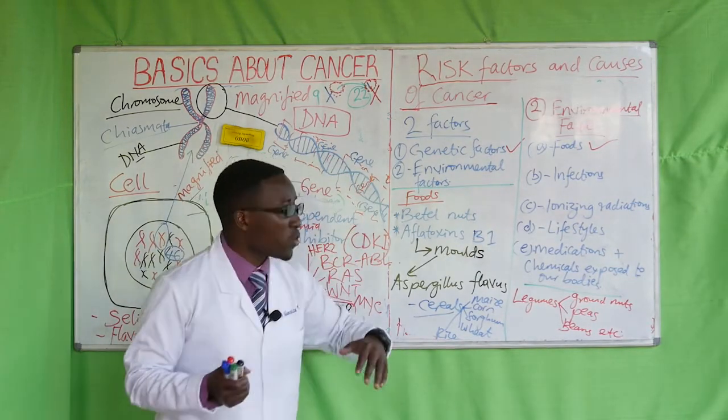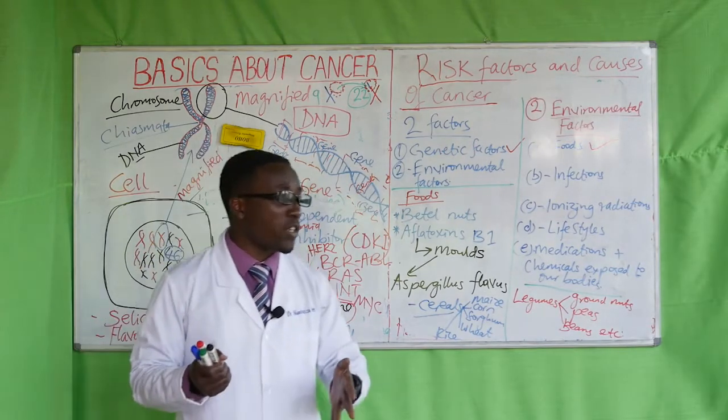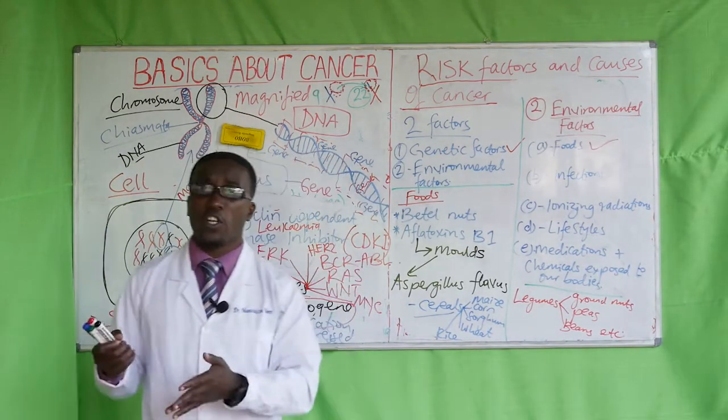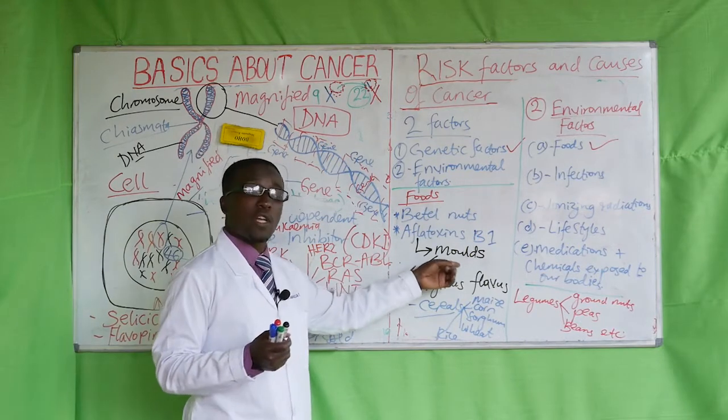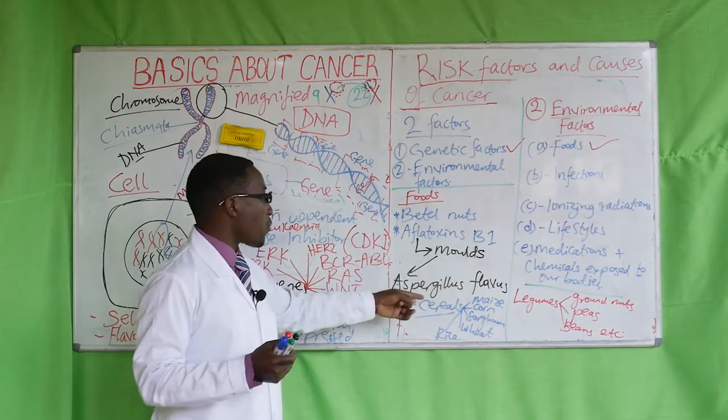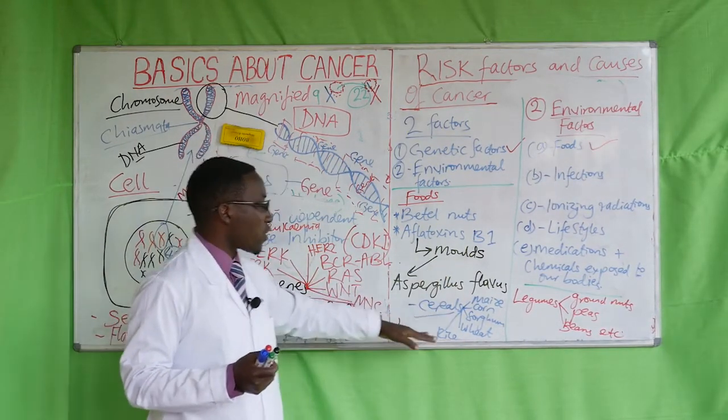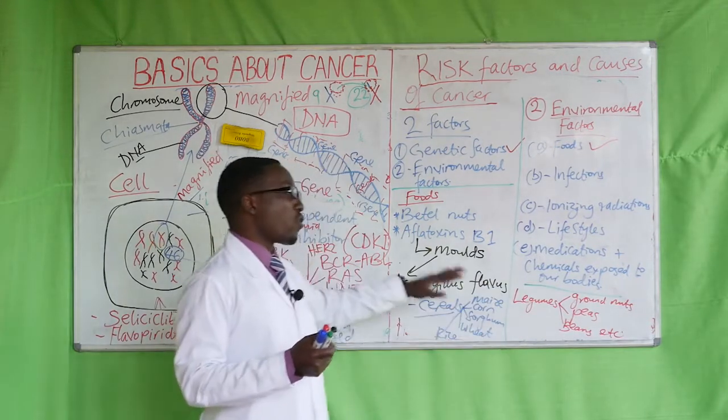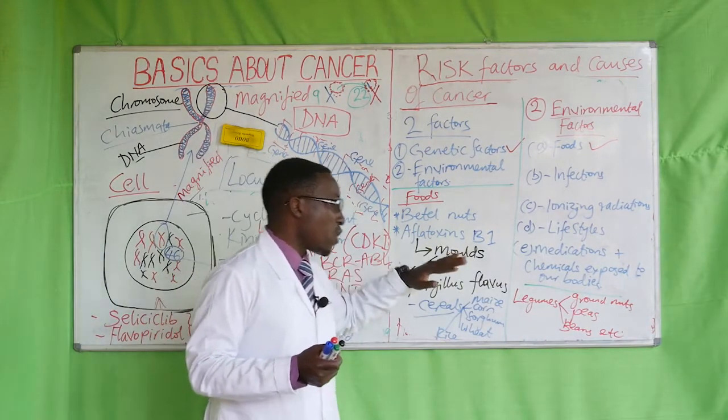When you see such grayish substance growing on it, those are examples of the molds that I'm talking about. Likewise, such molds also grow on our cereals and legumes, on our stored grains.